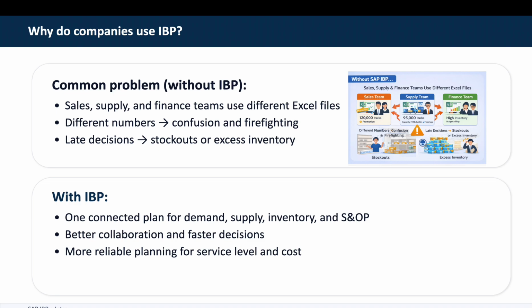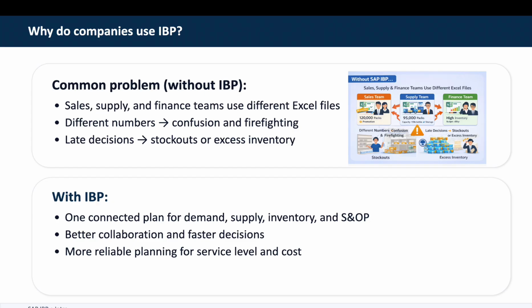Finance team says inventory cost is high. So everyone has different numbers in their Excels. This creates confusion and last minute rush. So it involves late decisions.